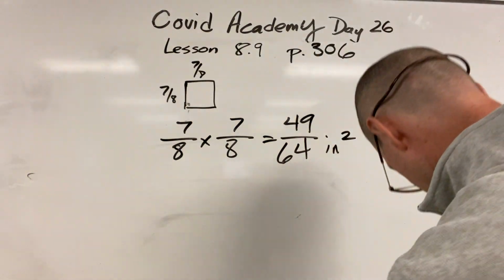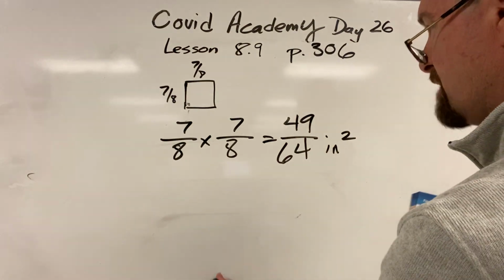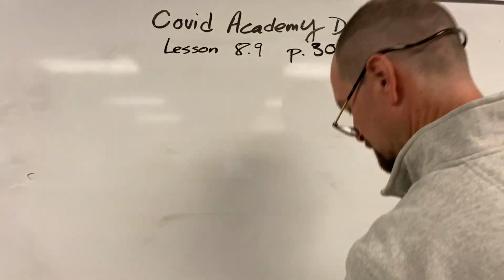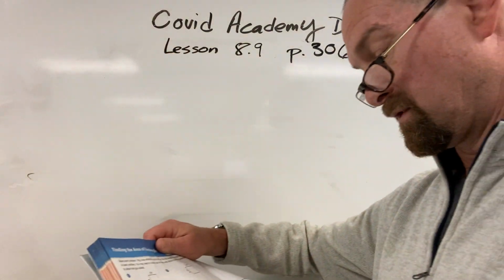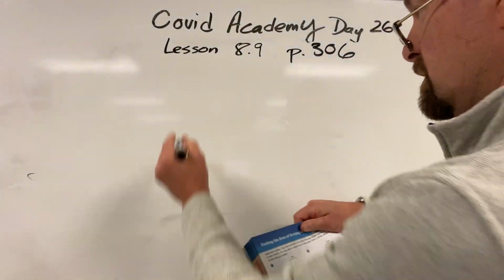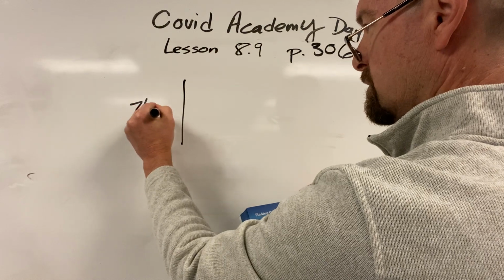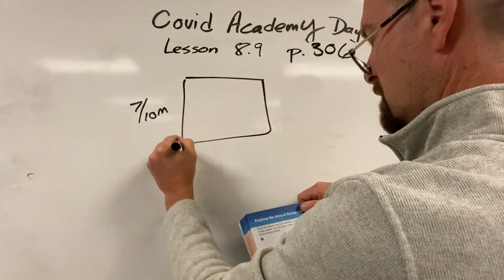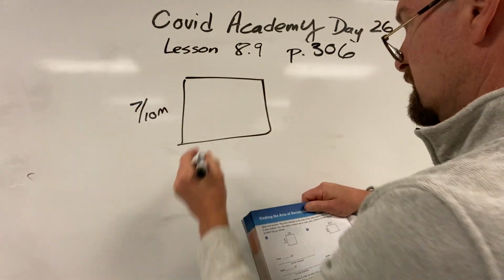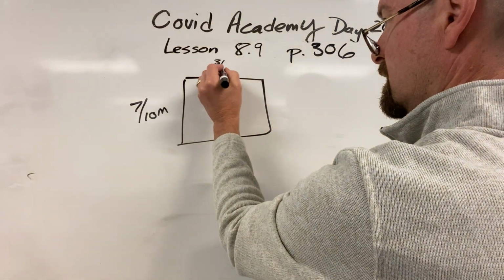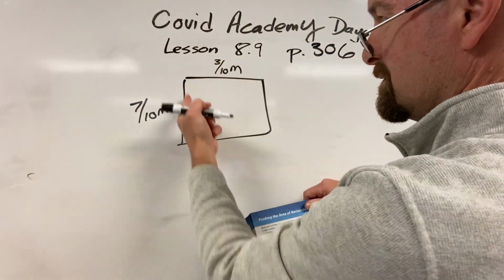You can do that. Let's do number 5 at the bottom. The bottom surface of a box measures 7/10 meters by 3/10. We're looking at the box as if it was a square, just the bottom. Yes, I drew that bigger.